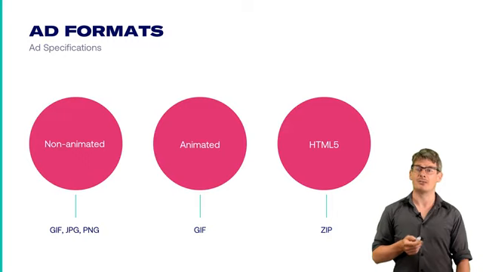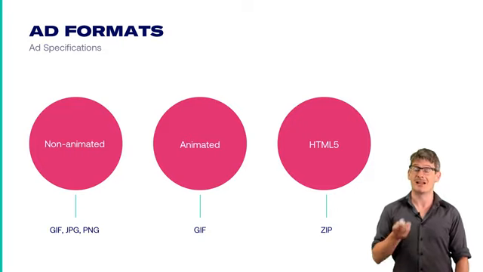So the maximum file size, as I said, is 150 kilobits, and the measurement is in pixels. These are key considerations for a creative brief, because if we deliver the wrong ad formats, we can't use them, so we can't run our campaign. There are different specifications that must be put in the brief in order for us to create the ads that we can use in the Google Display Network.